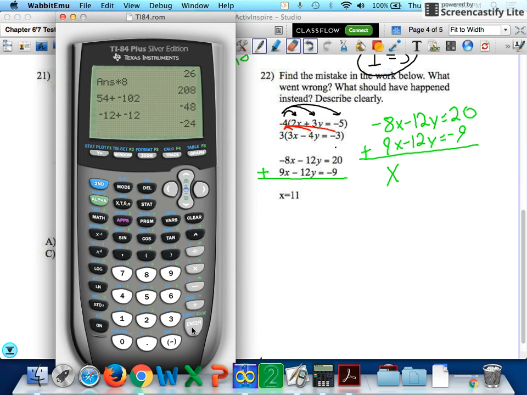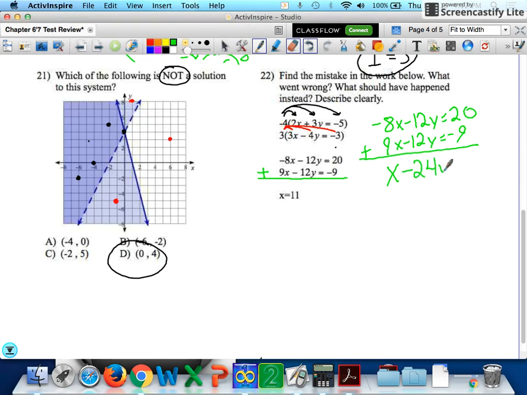It's actually a negative 24y. Now when I add my final column, it's 11. So look, x they got correct, 11 they got correct. What happened was they think that y canceled out, but they didn't. Okay, it would be a negative 24y.